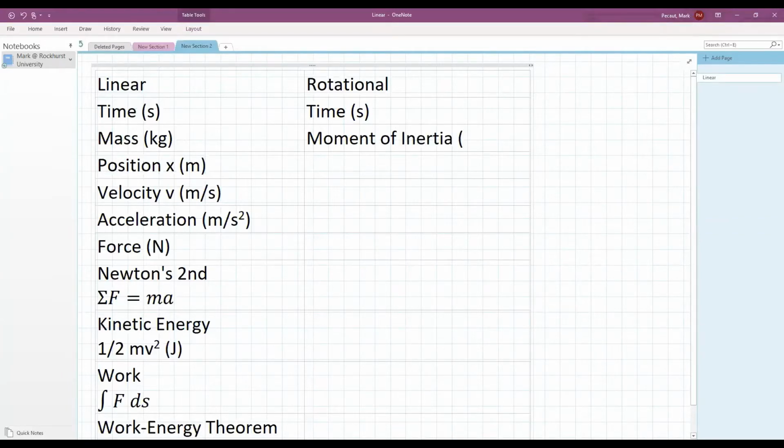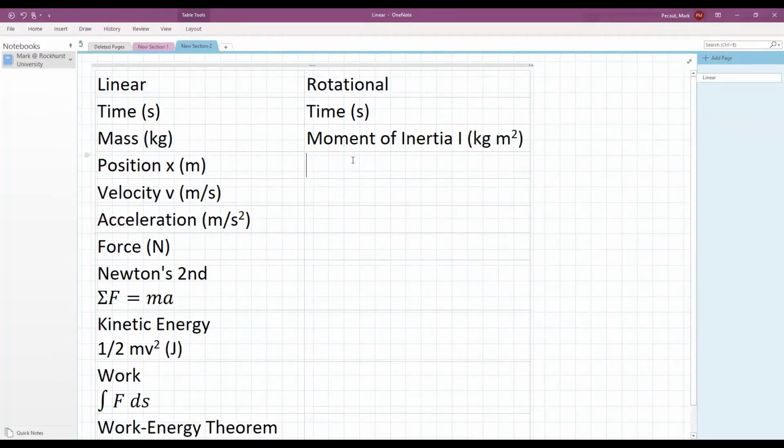We use I for that, and it is in kilogram meters squared. Mass measures the amount of inertia, or resistance to change in motion. Moment of inertia, or rotational inertia, same thing, measures the resistance to changes in rotation.